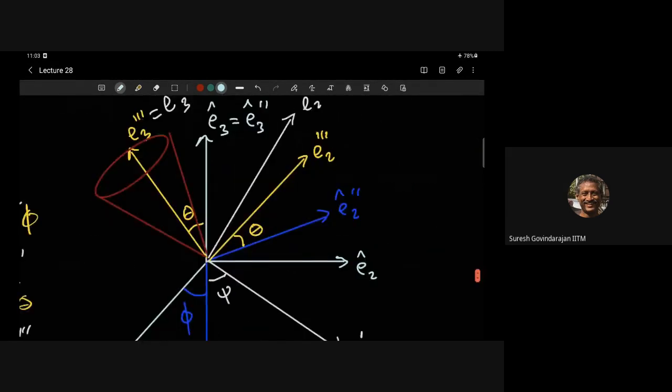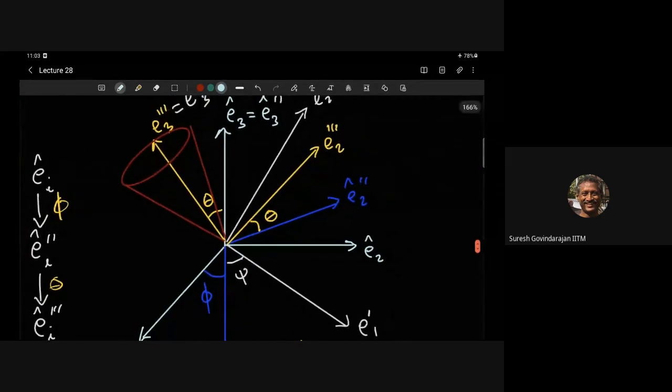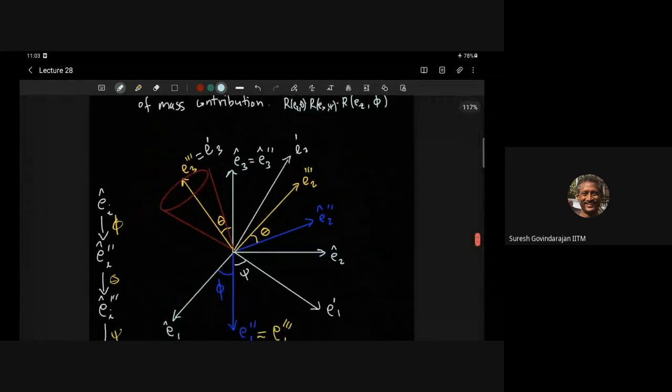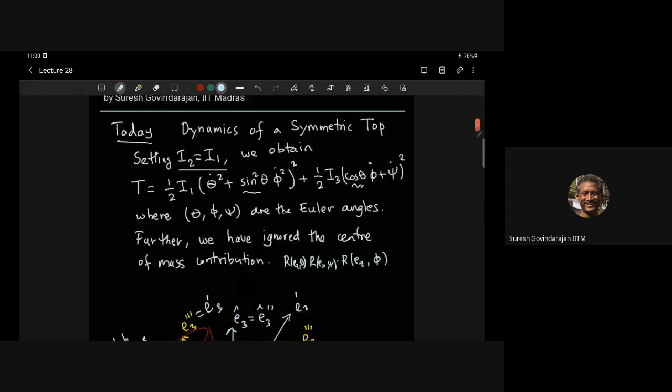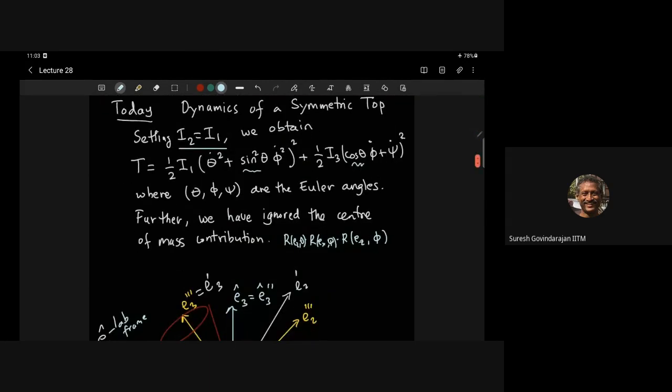I have done that, and hopefully you can see the full picture. So we start out with E_i, which is the lab frame, and do first phi, theta, and psi.